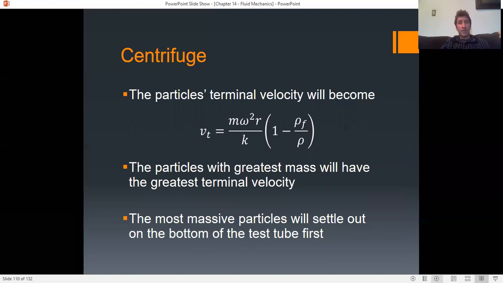So the particle's terminal velocity becomes this: we simply replace G by the centripetal acceleration term. The particles with greatest mass will have the greatest terminal velocity and settle out first. Finer particles with less mass will settle out later on.